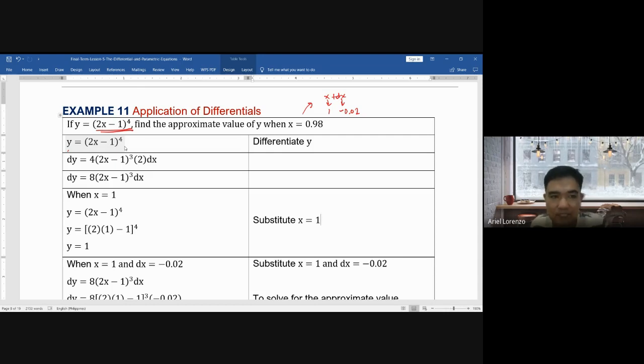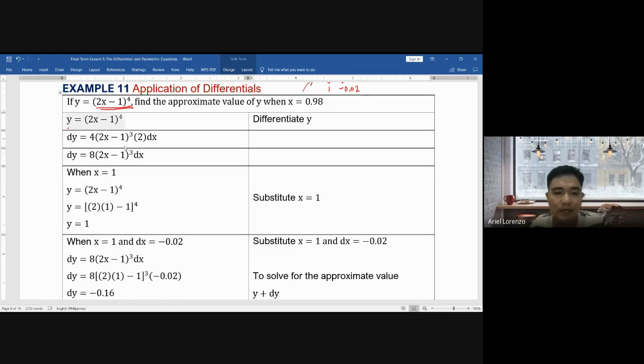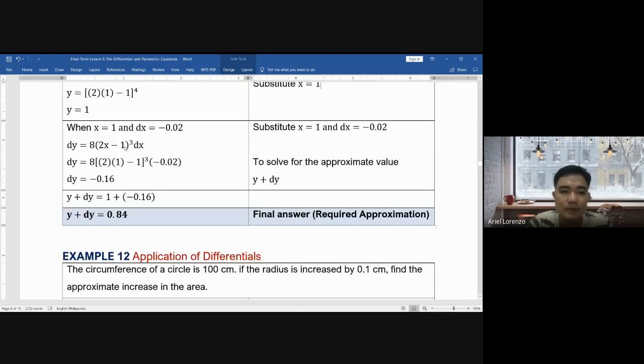Di ba? And then, so 8 times (2x minus 1) cubed, times yung dx natin which is negative 0.02. Kindly check kung that is 0.16. 8 times (2 minus 1) raised to 3 times negative 0.02, and that is correct, negative 0.16.